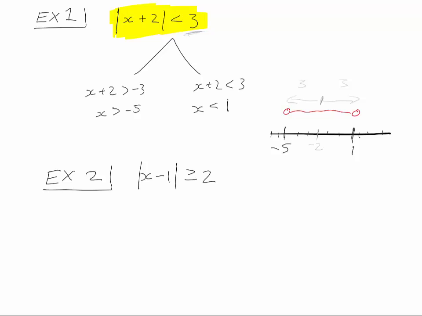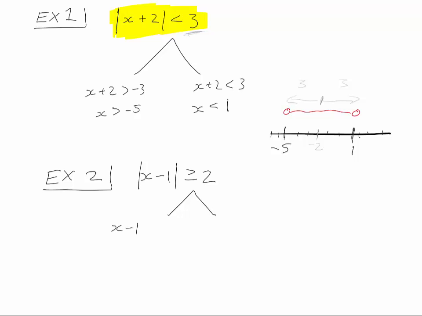Now for our next example, we have |x - 1| must be equal to or greater than 2. And we do this one the same way as before. We notice that we have not a strict inequality anymore, and now the inequality sign is facing the other direction. And so let's see how this works out. We can look at the left-hand side, still the same procedure.